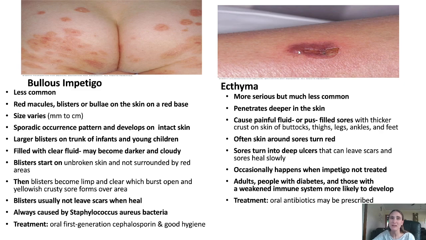It happens when impetigo goes untreated, so it's important that you get impetigo treated immediately. Adults, those with diabetes, and those who have weakened immune systems are more likely to develop this as well. Treatment for ecthyma is usually oral antibiotics prescribed by a doctor.